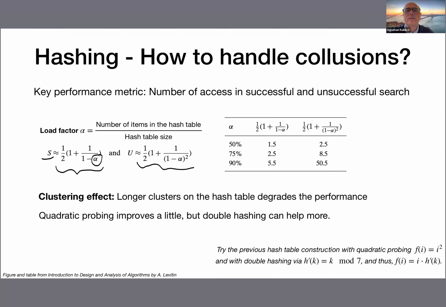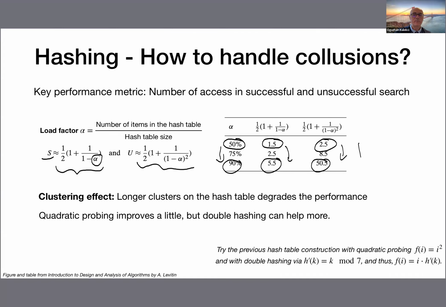That means if my hash table is 50% occupied, then on average a successful search needs to check 1.5 cells, and an unsuccessful search will need to check 2.5 cells. When the load factor becomes greater, that means it's becoming more and more dense, and the ratios begin to deteriorate a little bit. But even with very high ratios, this is still something reasonable, though the unsuccessful search becomes larger.